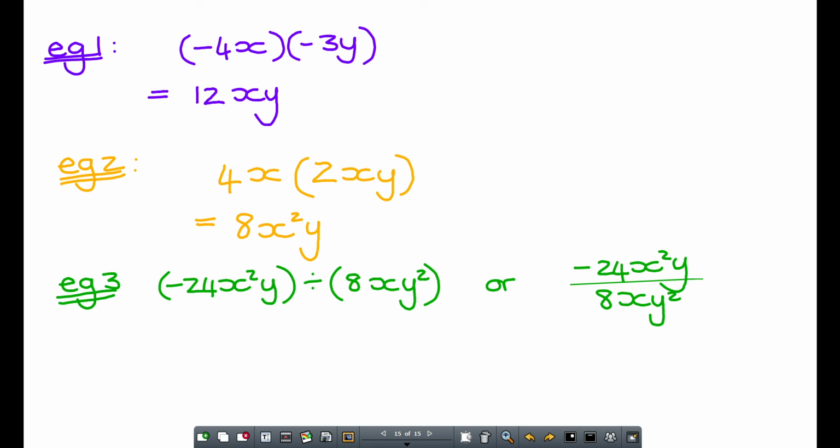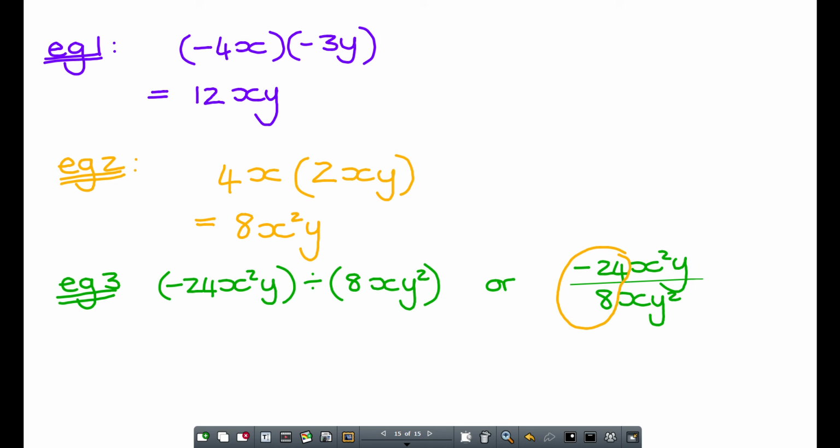Okay, so what I'm going to do here is only look at this part, the coefficients for now. Minus 24 over 8, and people, we can actually cheat. We can put that fraction into your calculator and just say equal, and it would automatically give you the simplest form, which is going to be minus 3.